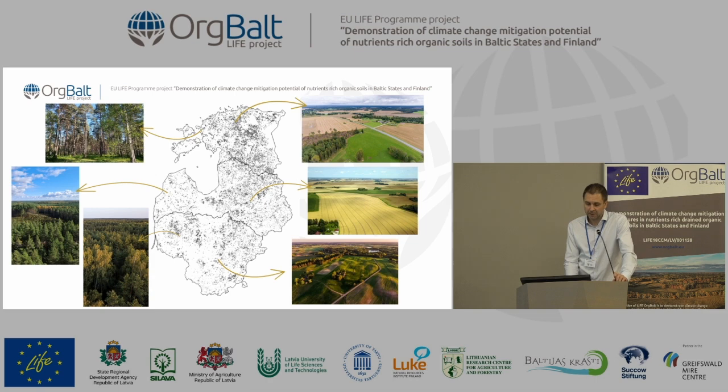It's quite diverse, and it looks diverse from the perspective of the landscape. What we are growing on this land is very different, and the type of soil is very different. So there are many differences.